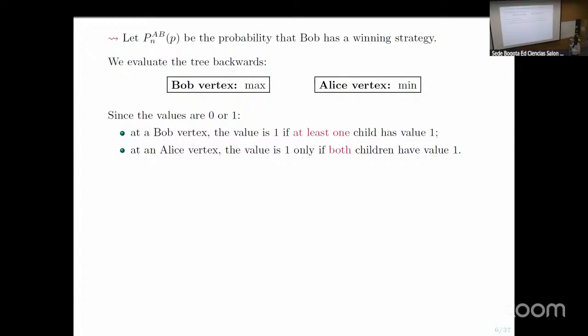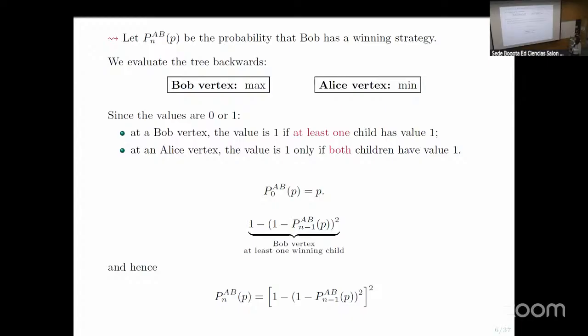Using these two rules, if I start with P_0^{AB} equal to P, then P_{n-1}^{AB} is the probability of winning for Bob. So 1 minus P is that Bob loses the game. 1 minus P squared means that I have two zeros, and then 1 minus that means that at least I have one 1. That is what I need in that vertex for Bob to have a winning strategy.